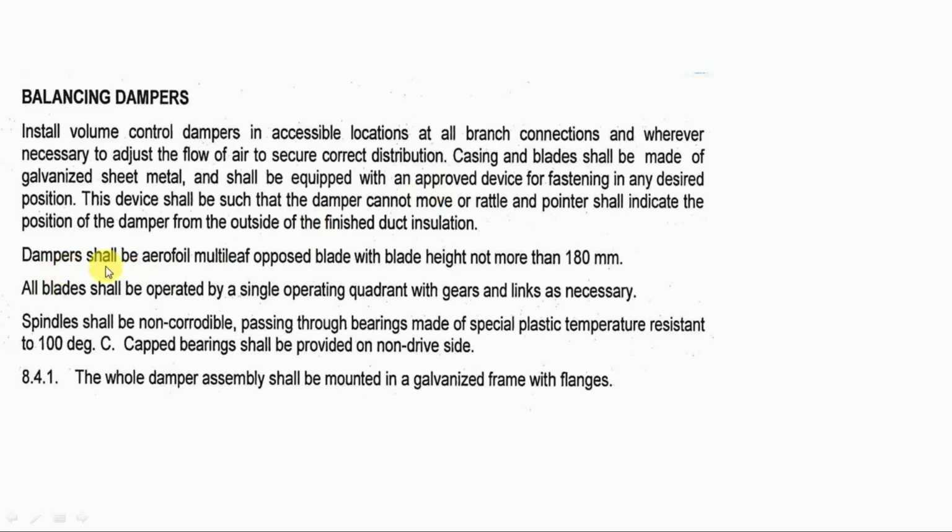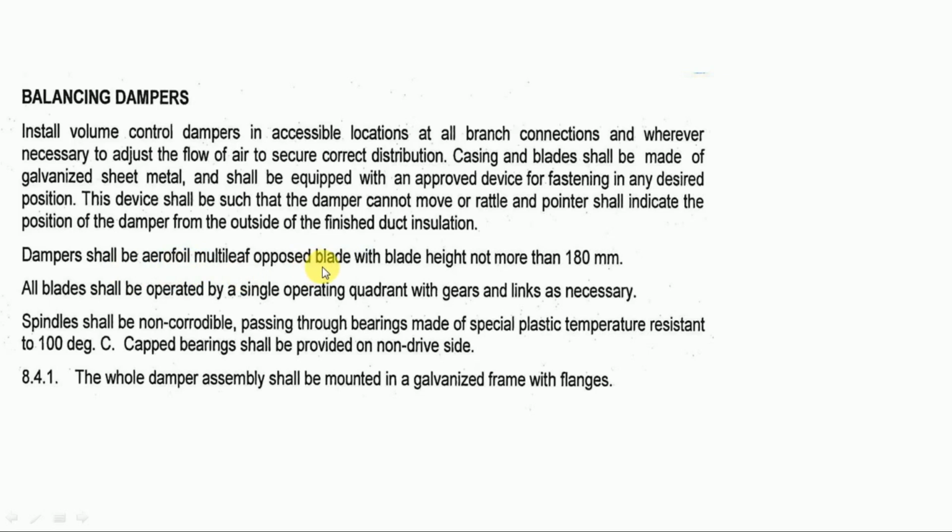Then dampers shall be aerofoil multi-leaf opposed blade with the blade height not more than 180 mm. Okay, this is clear here. The blade of the damper shall not be greater than 180 mm. But here you will identify that he needs an aerofoil type blade. We already went through what an aerofoil type VCD blade is, and also the opposed blade type VCD blade.